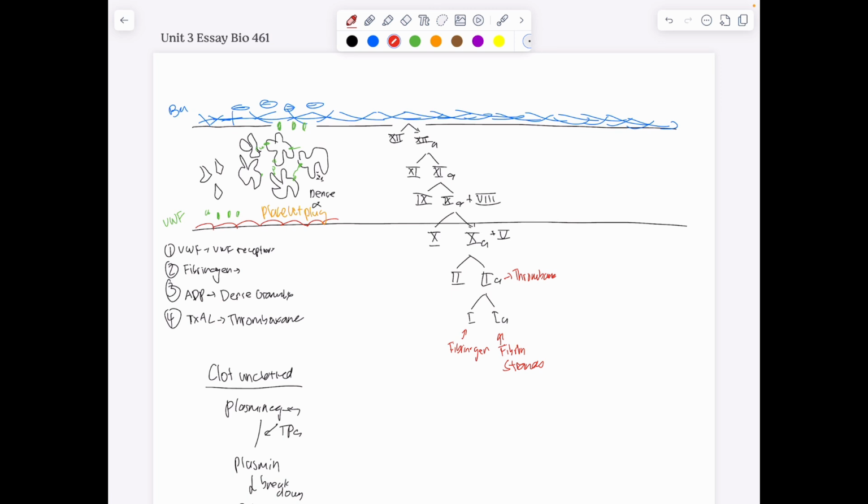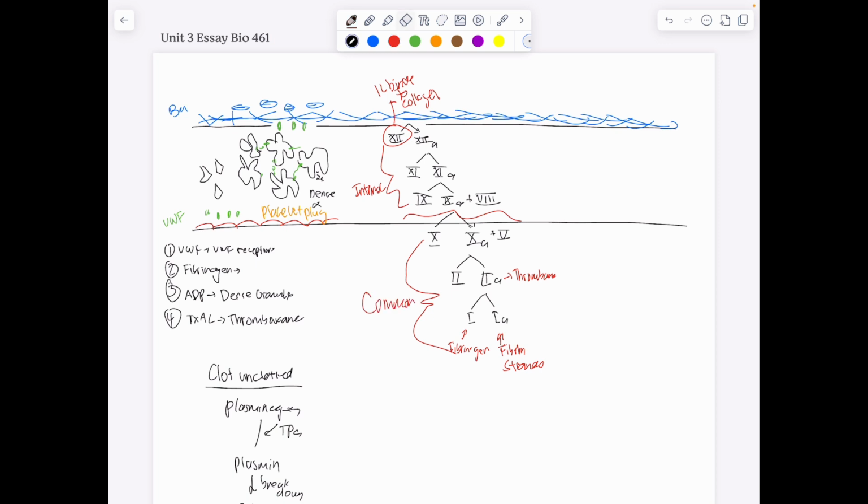If we break this up right here, up here we have 12 binds to collagen. This is our intrinsic pathway, and then this is our common.